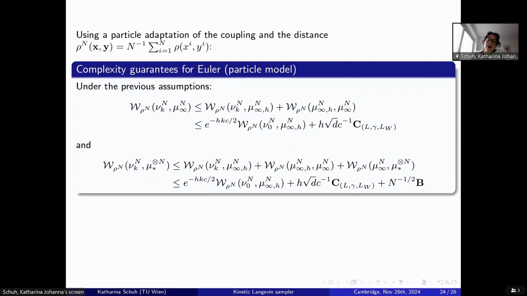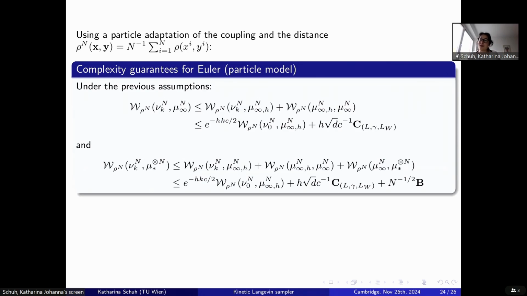Then we can also bound the distance between the Euler discretization of the n particle system and this measure mu star by doing a similar trick, adding here twice the triangle inequality, so we added here also this mu infinity n. And the first two terms are as in the previous calculation.